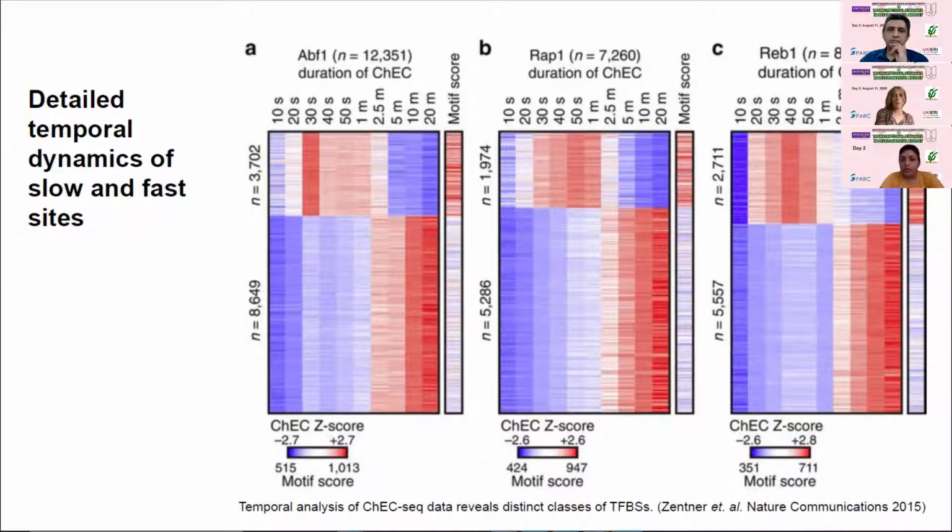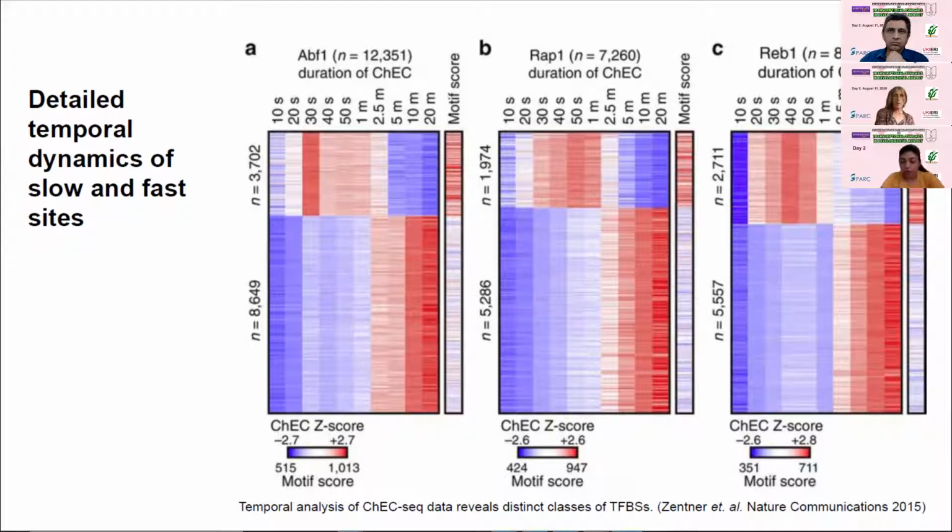First there was no enrichment of binding sites, but around 30 seconds there was a progression of a lot of binding sites, and these slowly started to diminish and faded away until 2.5 minutes. After that, a second type of binding site came into picture, and they started to accumulate and were there for the 20 minutes of the reaction.